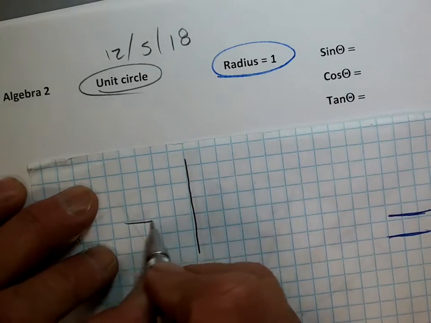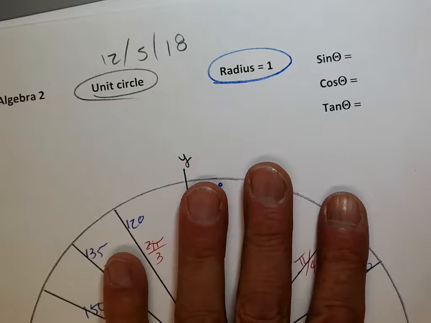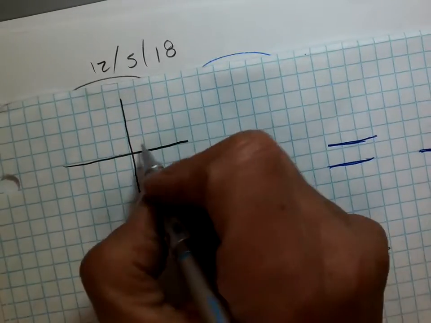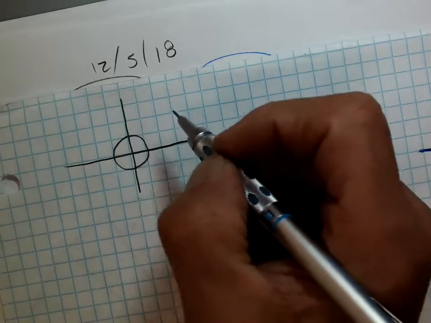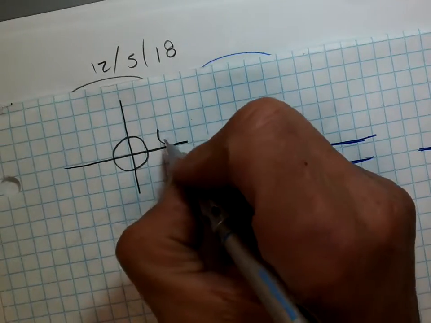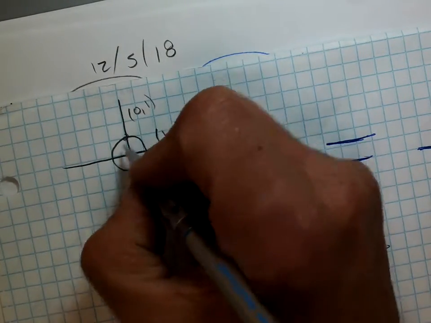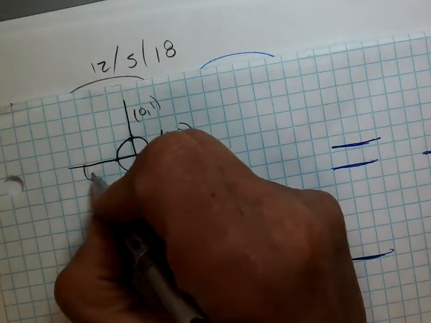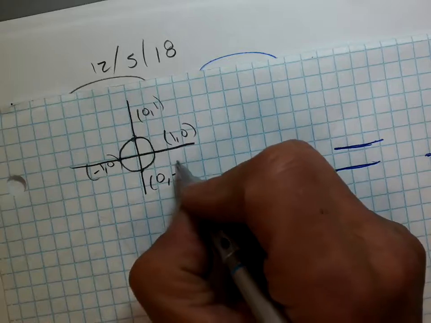Now, if I were to draw this circle on the xy plane, it would be this little circle, because the radius is 1, right? So the coordinates would be 1, 0, 0, 1, and it'd be a -1, 0, and a 0, -1, right?